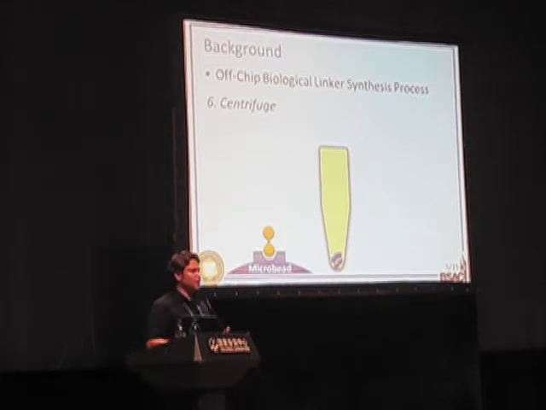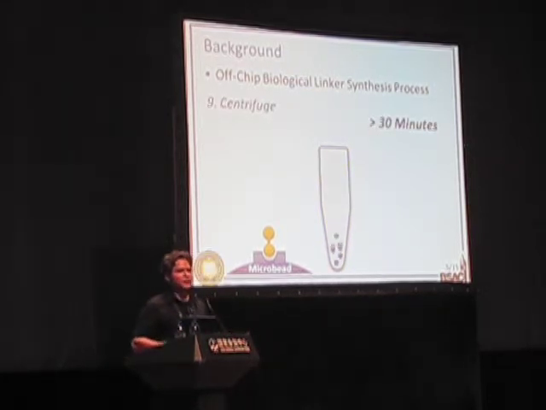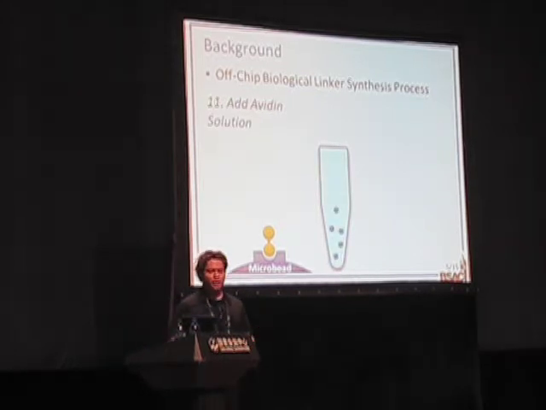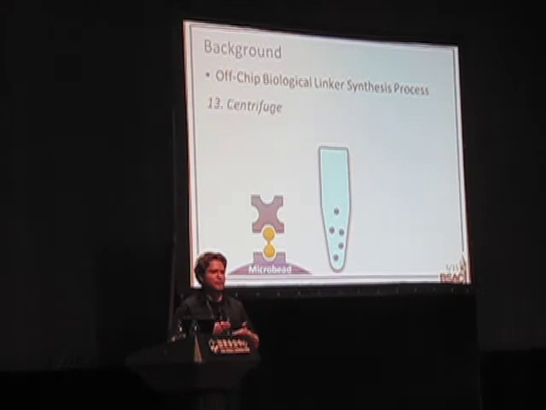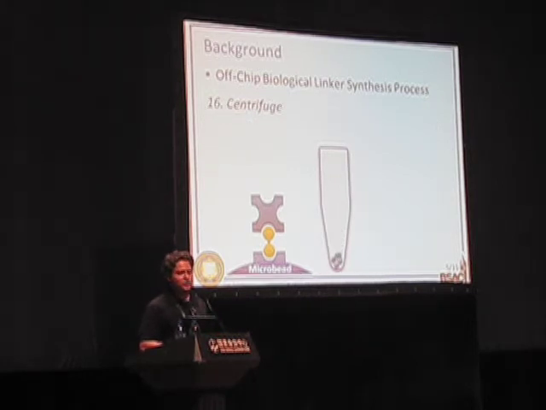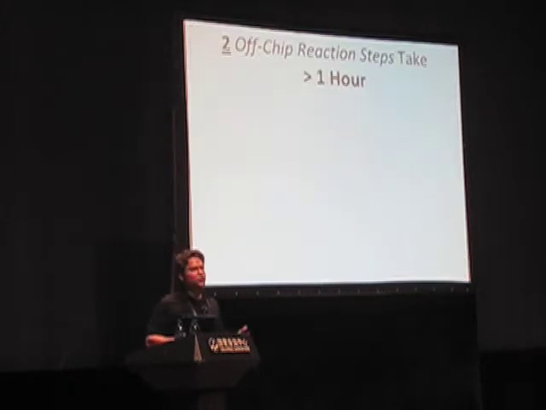I'm not going to go into tremendous detail regarding the rest of this process, mainly because it's boring and a bit tedious. But the takeaway messages that I want you to have are, one, we're basically just repeating the same steps over and over again in order to immobilize additional biomolecules, such as avidin, onto the bead surface. And the second takeaway is that to do this entire process, which basically results in just 2 reaction steps, requires over an hour's worth of work and labor.